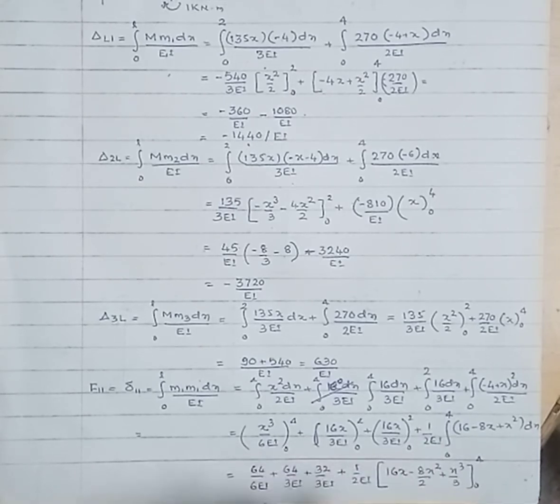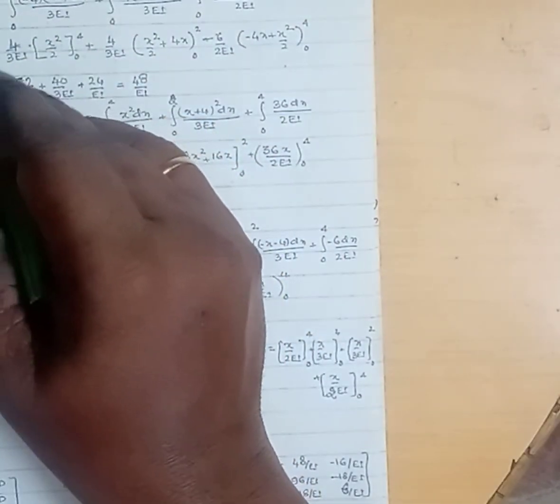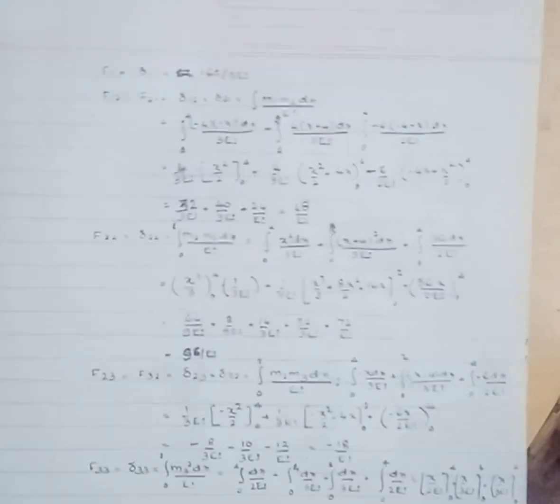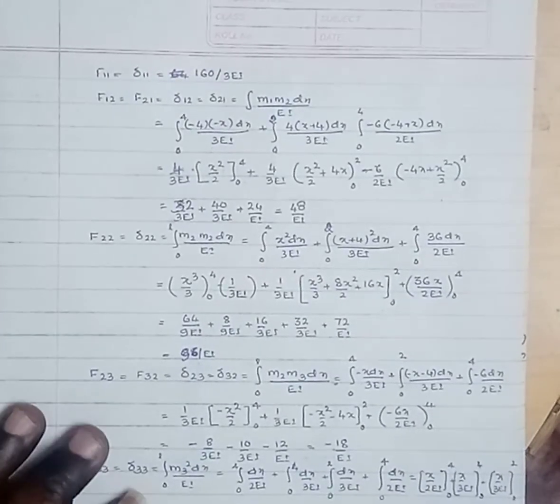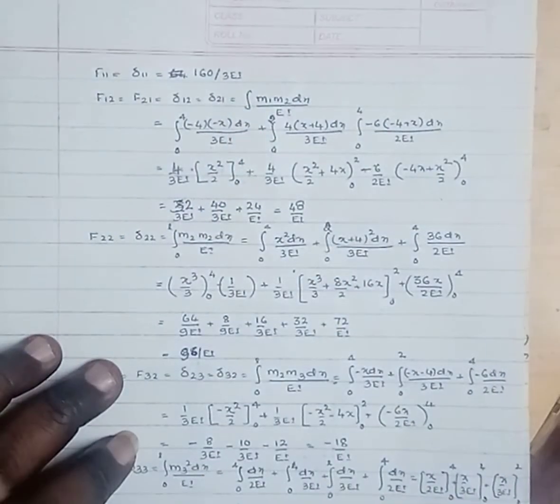Integration of 16 dx is 16x, 1 over 2EI is common, integration of 8x is 8x square by 2, integration of x square is x cube by 3. After substituting the limits, you will get the displacement due to the unit load in coordinate direction 1, or the flexibility element, that is 160 by 3EI.